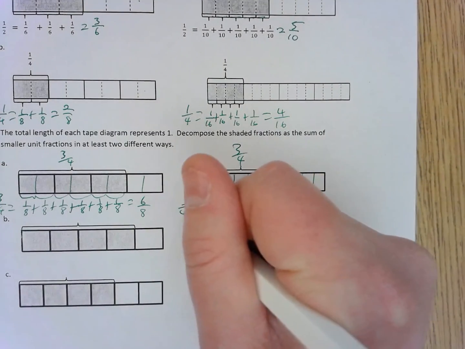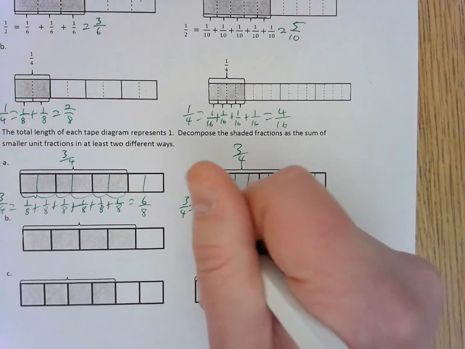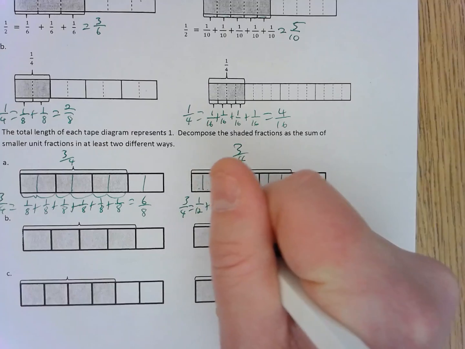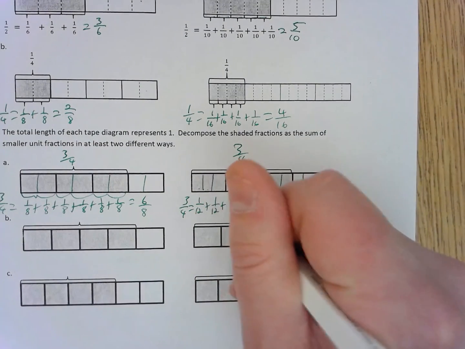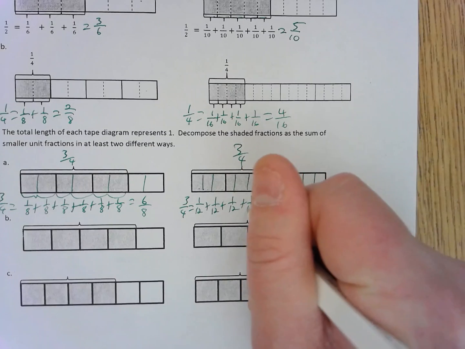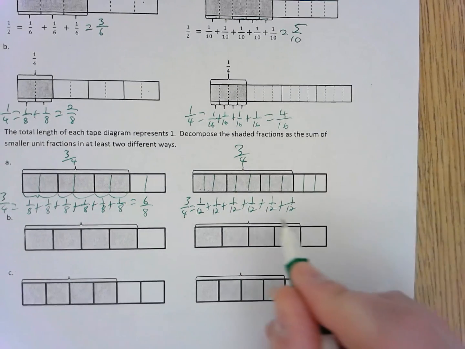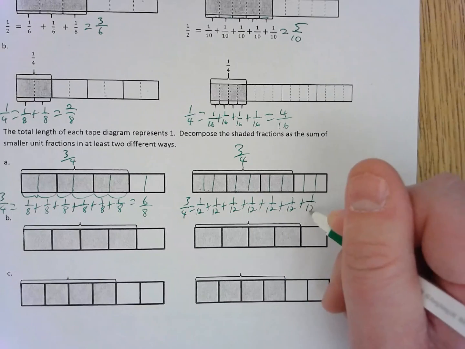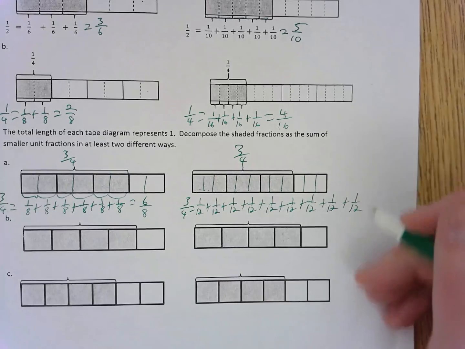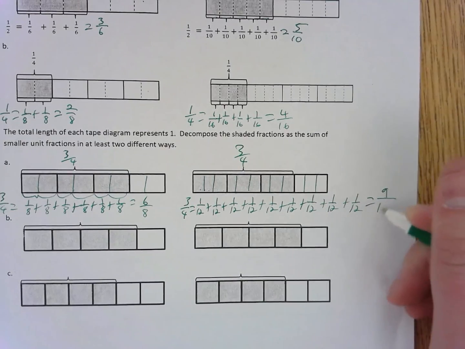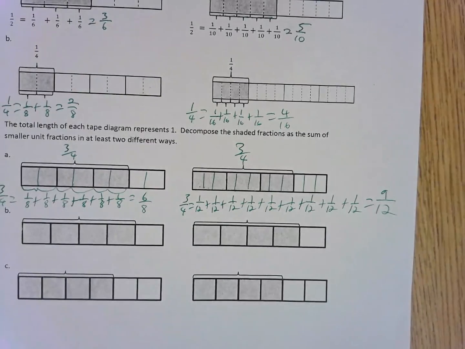So we have 3/4 equals, and we're going to add up 1/12 plus 1/12 plus 1/12, and we're going to do that 1, 2, 3, 4, 5, 6, 7, 8, 9 times. And that equals 9/12. So 3/4 equals 9/12.